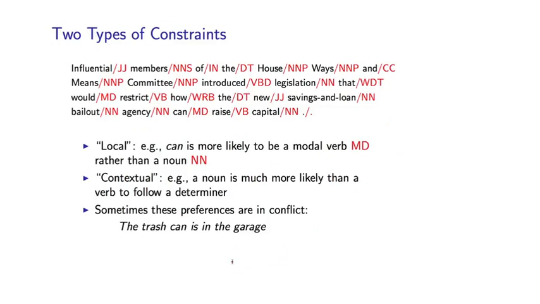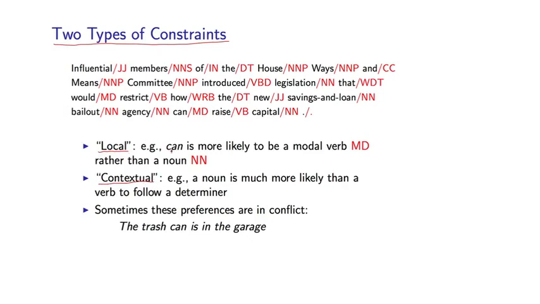To develop a little bit more intuition for how we might develop a model for this problem, or what kind of information might be useful in developing a model, I want to talk about two different types of constraints that play a role in the part of speech tagging problem, or actually any tagging problem. I'll call these different types of constraints local versus contextual. So local constraints take the following form.